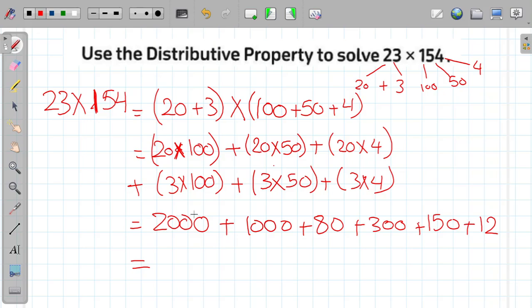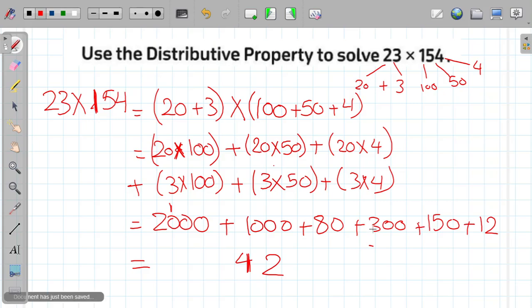Let's add them together. The ones digit, I have 0 plus 0 plus 0 plus 0 plus 2 equals 2. The tens digit, I have 0 plus 0 plus 8 plus 0 plus 5 plus 1. So 8 plus 5 plus 1 equals 14. 4 carry up 1. The hundreds digit, I have 1 plus 0 plus 0 plus 3 plus 1.